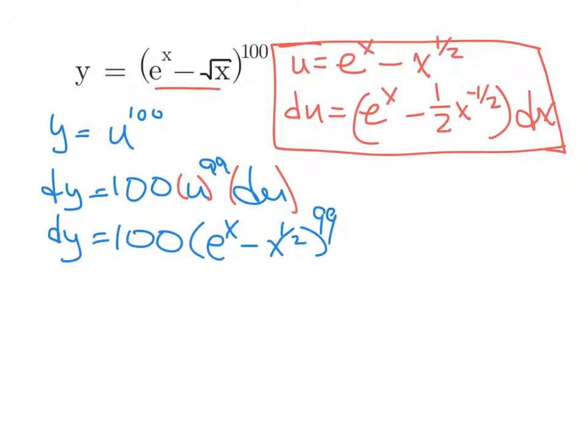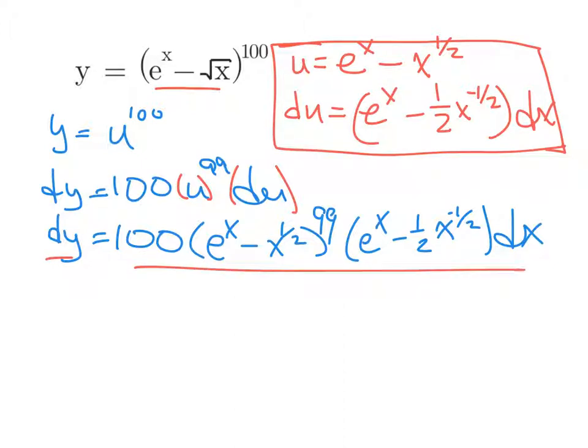And du is e to the x minus 1/2 x to the negative 1/2 dx. Pulling out our nice little algebra trick by dividing both sides by dx, I get these dx's to cancel, and what I'm left with is the derivative, dy/dx.